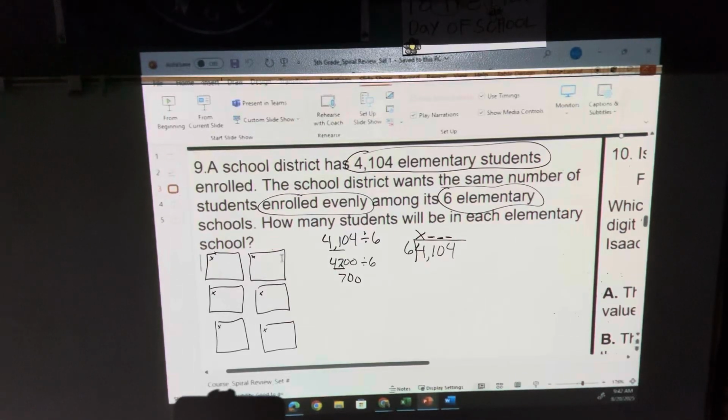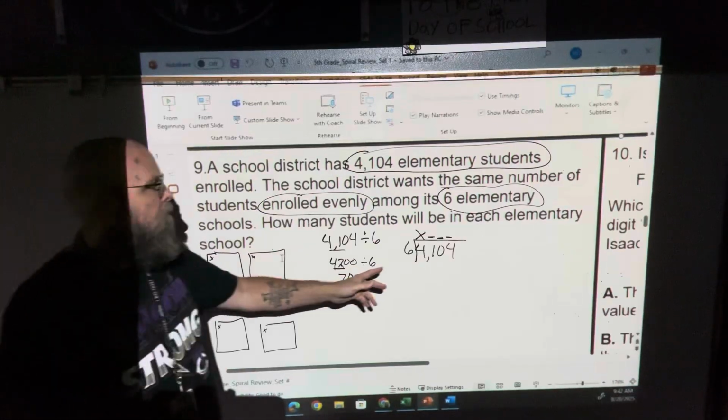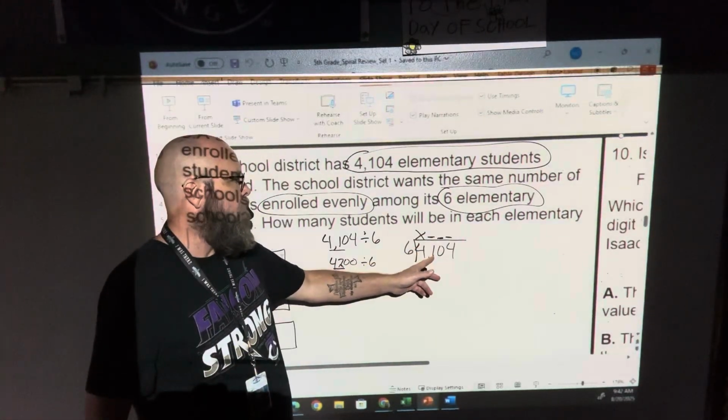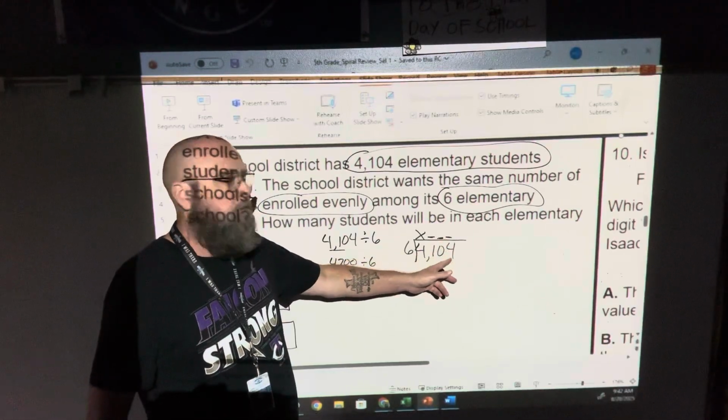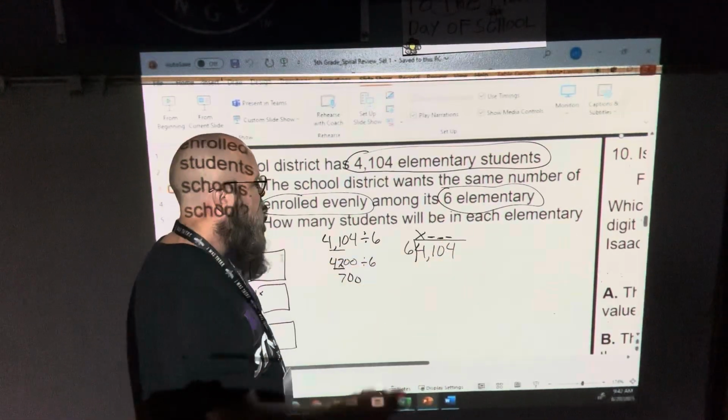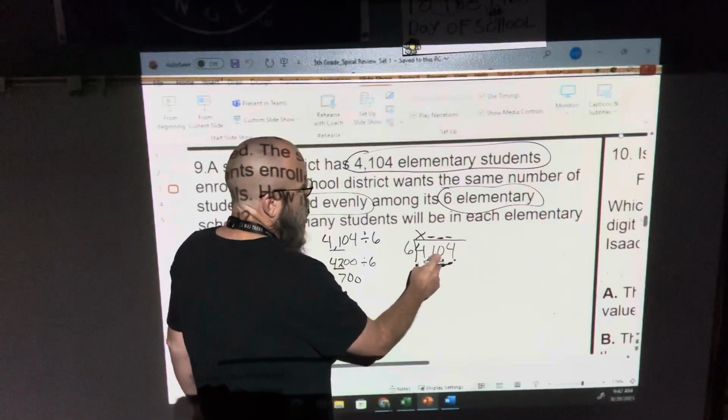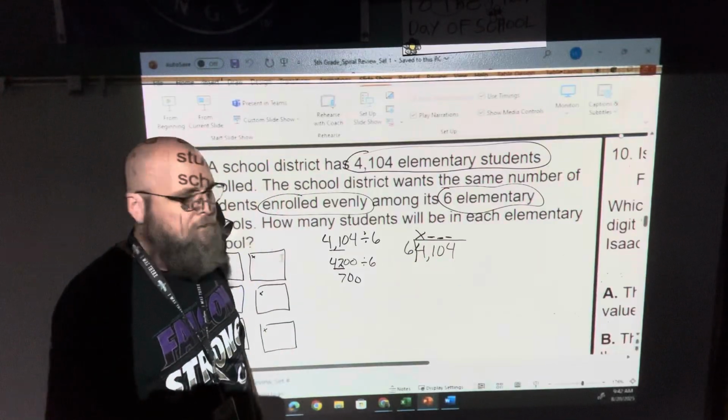It's really important where I put my numbers in my quotient. This is going into 41, not 4, not 410. So I need to have my number in the quotient above the hundreds place. I'm going to have a number above the tens place, and a number above the ones place. So if 6 goes into 41, I know my multiplication facts.